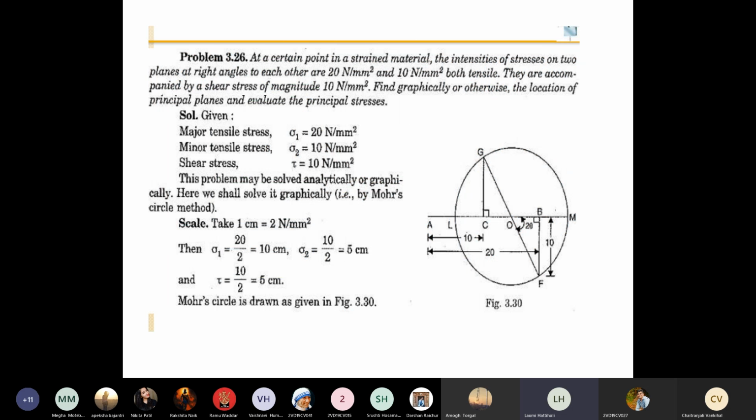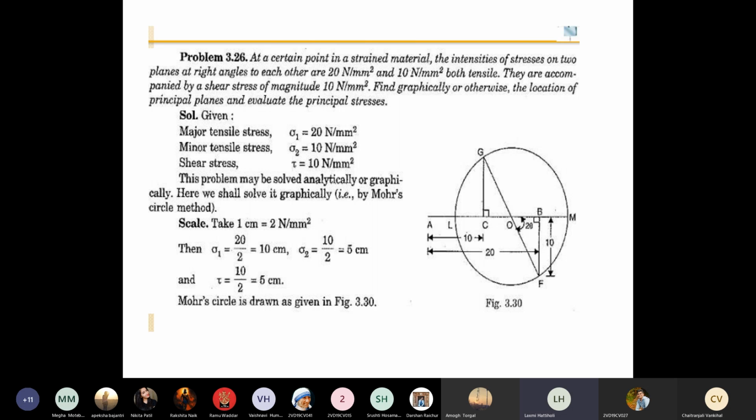So observe this carefully once again. At a certain point in a strained material, the intensities of stresses on two planes at right angles to each other are 20 and 10 Newton per mm square. Both are tensile, right?